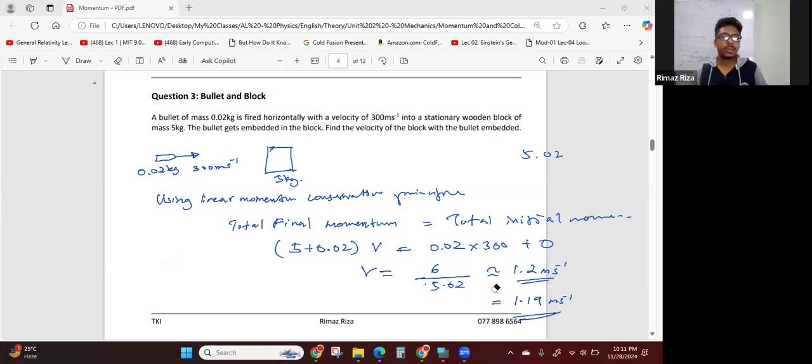So in MCQs, you have to take the approximation, like 6 divided by 5, so it will be something like 60 divided by 5, so 12, so 1 decimal place, 1.2 meters per second, right? Okay, and let's move on to the next question.